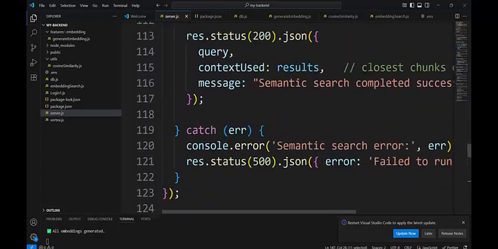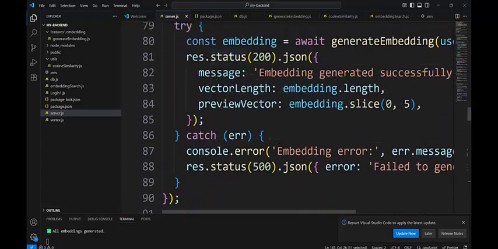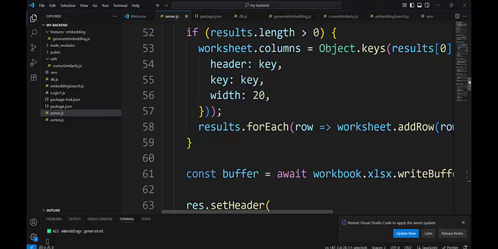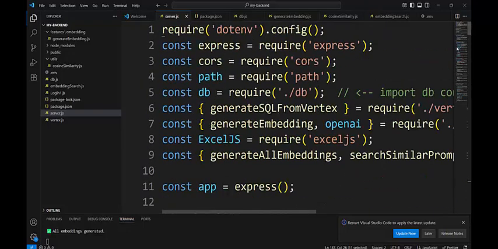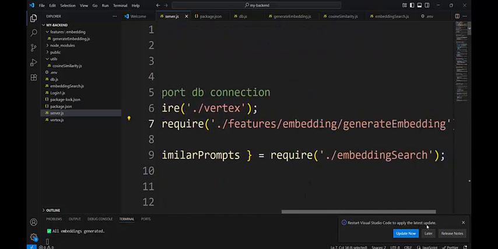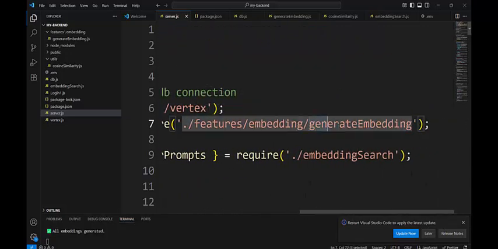We can go up on the top. Yeah, it is a server. Here it is. We call generate embedding and OpenAI from this file embeddings.